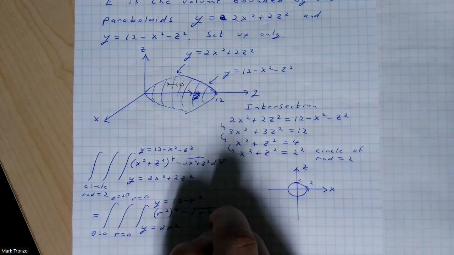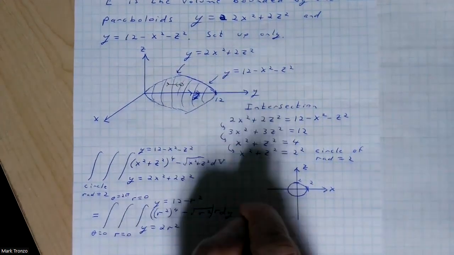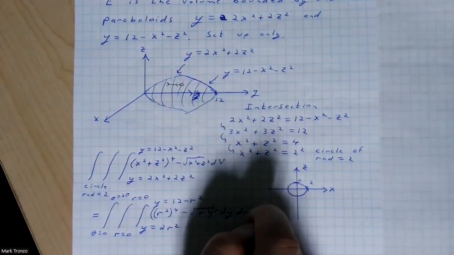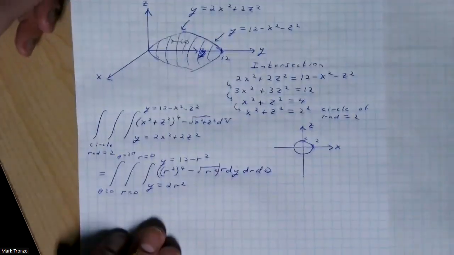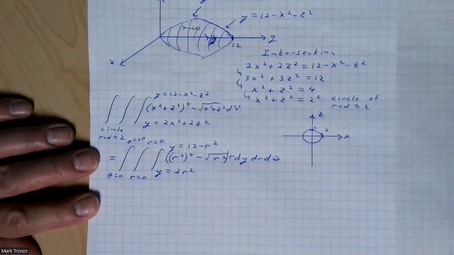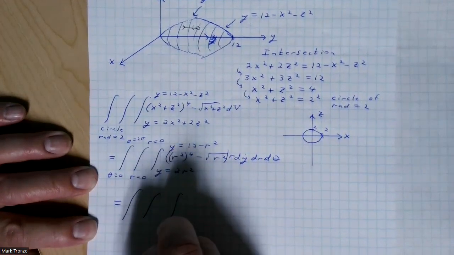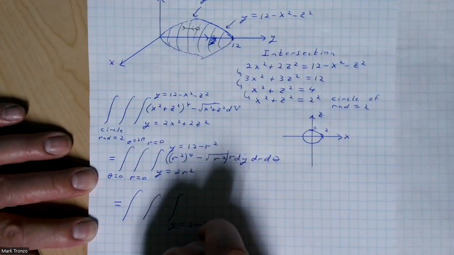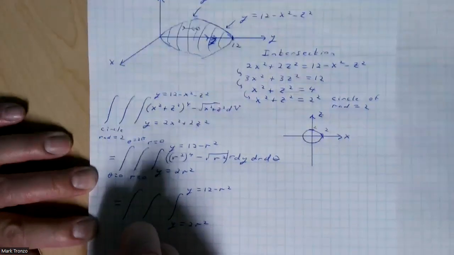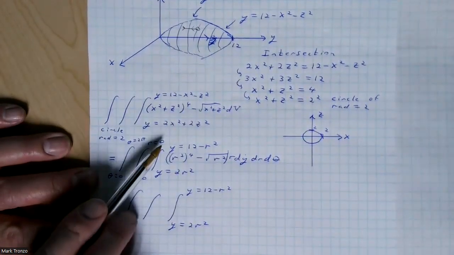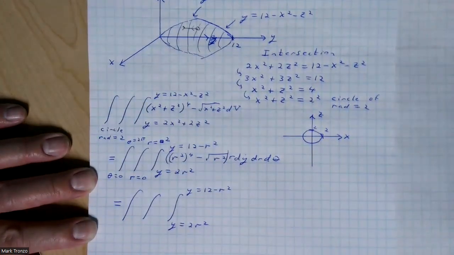We need an extra r in there, don't we? Since we're converting to polar, always remember to put that extra r. Then dr d theta. Now notice we could probably clean this up a little bit more. And oh, by the way, this upper bound here should have been a 2.